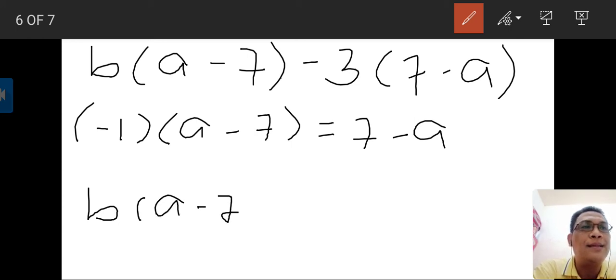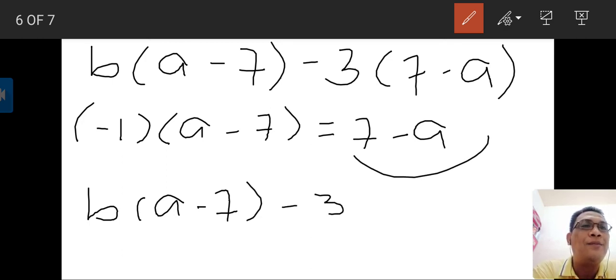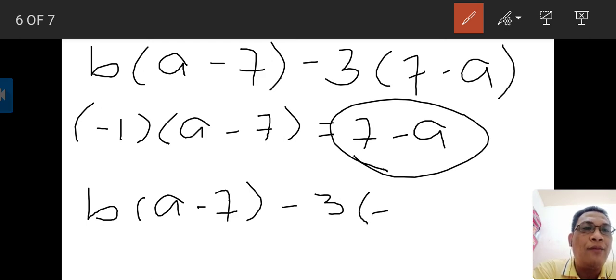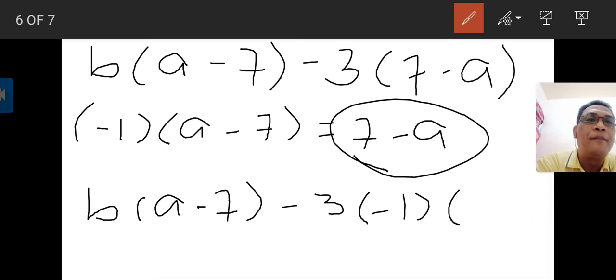So we can write our polynomial as b to the quantity of a minus 7 minus 3. Okay, let us substitute. 7 minus a will be negative 1 multiplied by a minus 7.